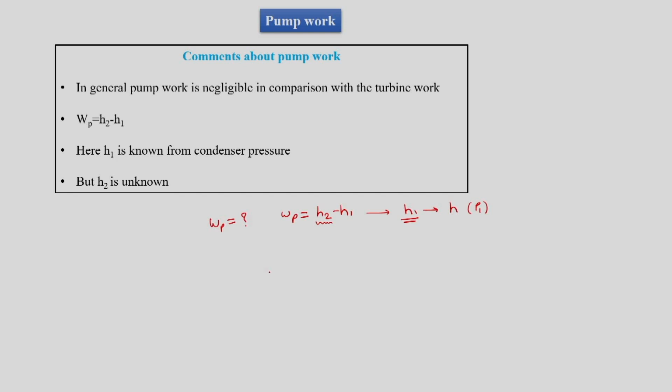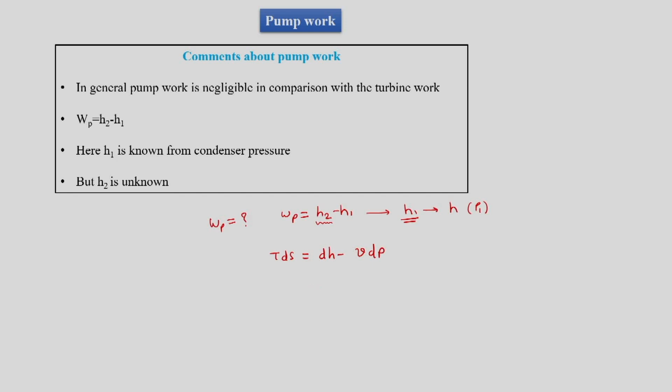So steam tables would deal with vapor. So H2 is an unknown parameter for us. To estimate H2, we have to use different tactics. And in that case, we know that as per the combined first and second law, TdS is equal to dH minus VdP.